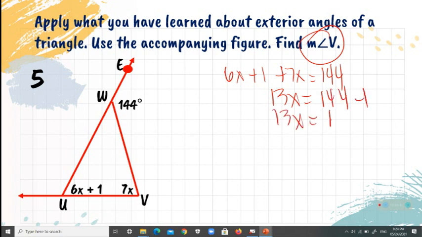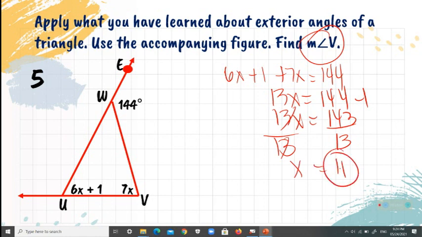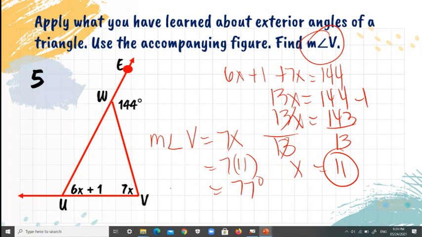So 13x equals 143. Divide both sides of the equation by 13. So you will have x equals 11. So since our x is 11, we are going to substitute. The measure of angle V is 7x. So you will have here 7 times 11 is equal to 77 degrees. And that is the measure of angle V.